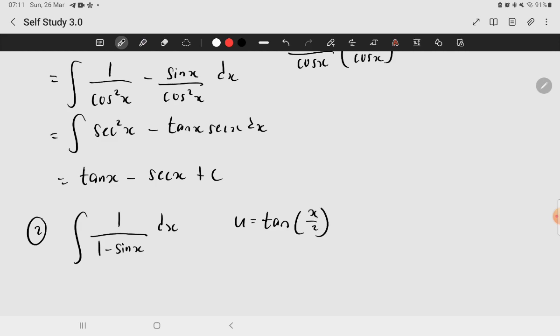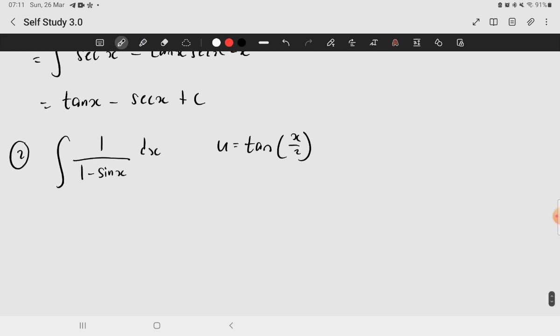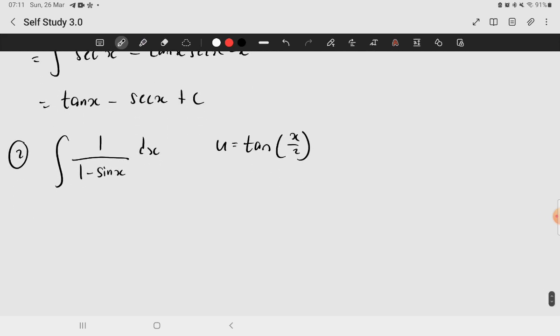Alright, so the way we want to solve this is, my friend told me that we have to build a right angle triangle first. So how do we do that? First we have to find tangent of x. And we know one of the identities for tangent of x is that we could express it in half angles. So this will be 2 times tangent of x over 2 divided by 1 minus tangent square x over 2.